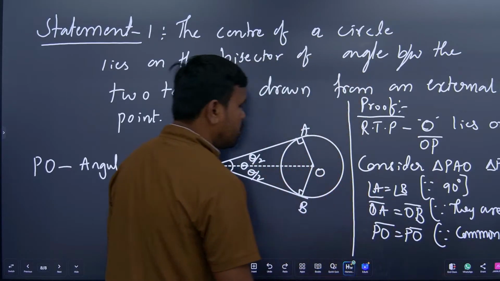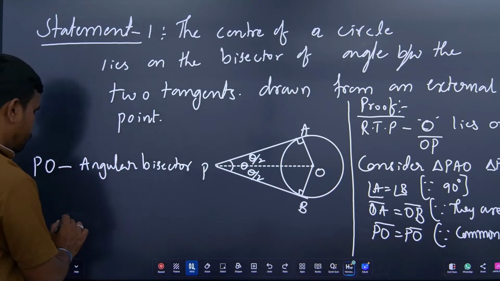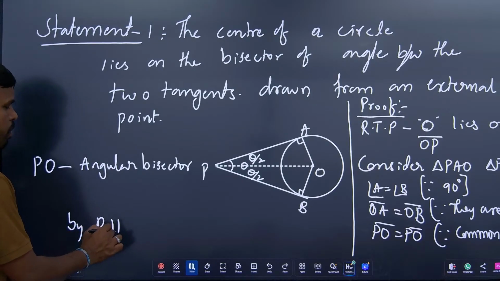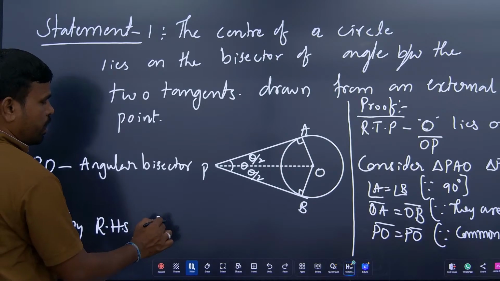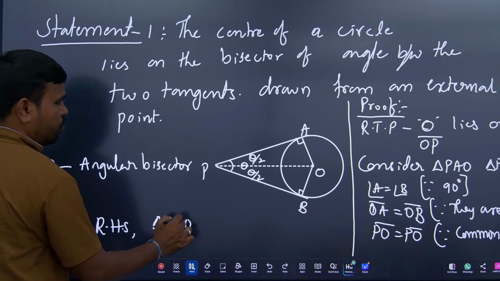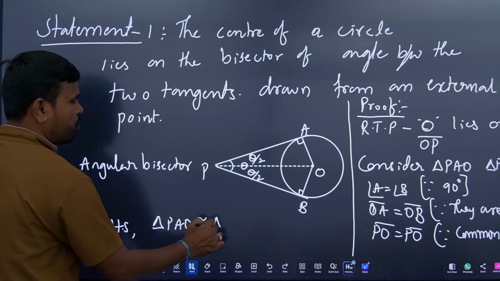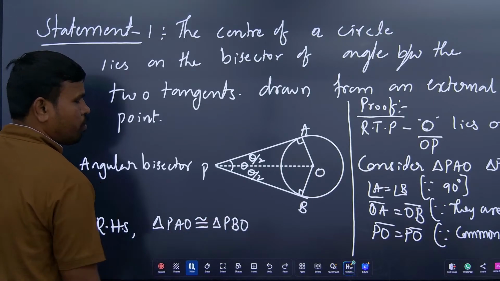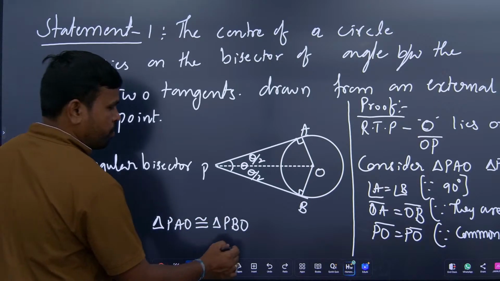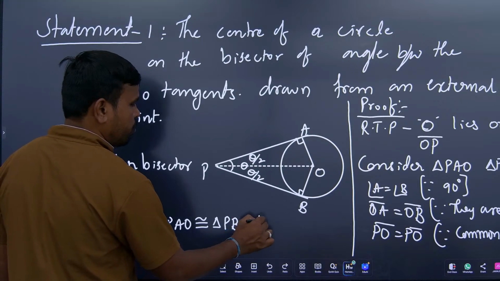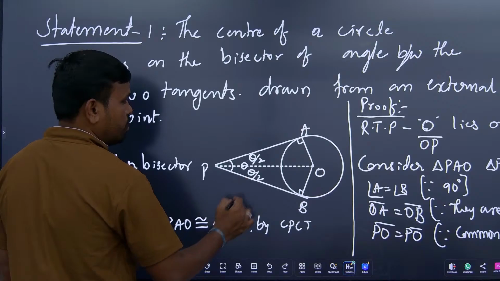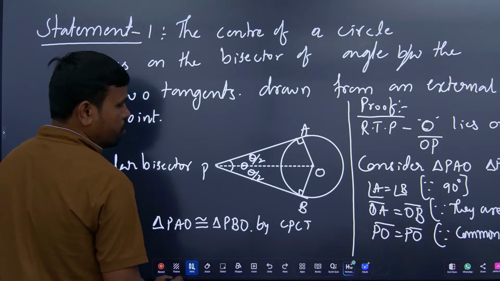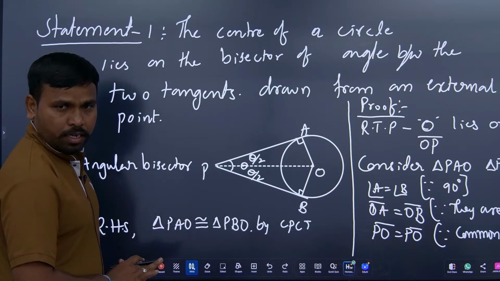So by RHS, right angle hypotenuse side congruency, triangle PAO is congruent to triangle PBO. Therefore, by CPCT, all the corresponding parts are equal.